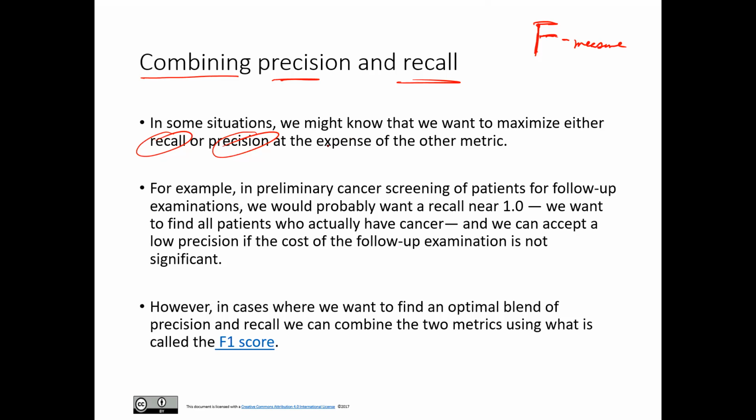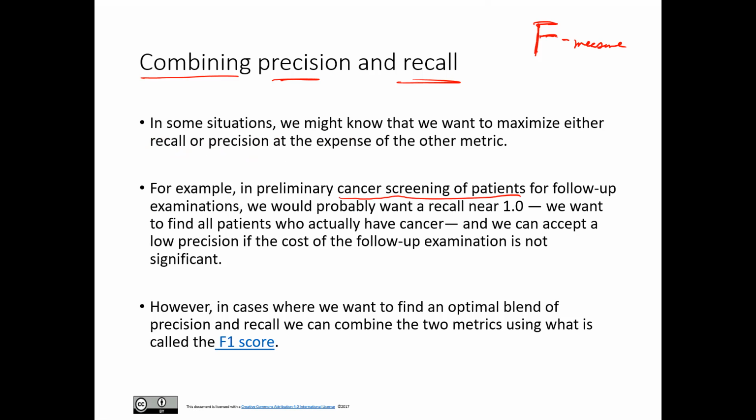In some situations, we might know that we want to maximize either recall or precision at the expense of the other metric. So for example, and this is where this becomes intuitive, in preliminary cancer screening of patients for a follow-up examination later on. So basically you have 2 exams.